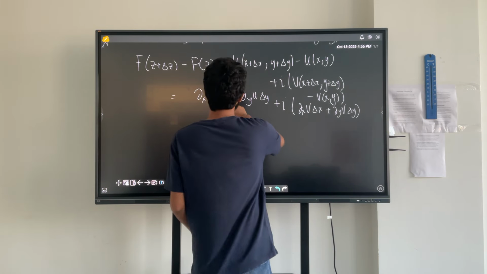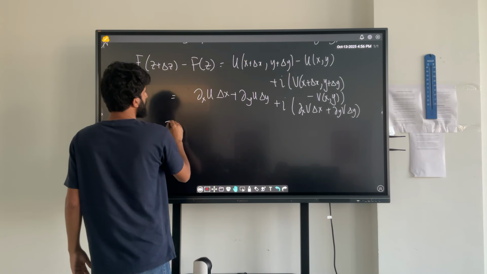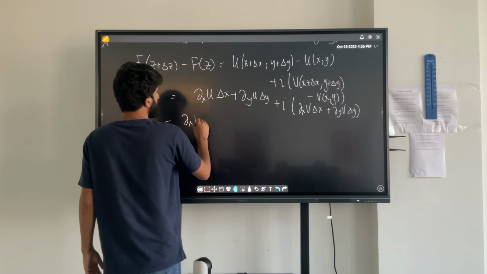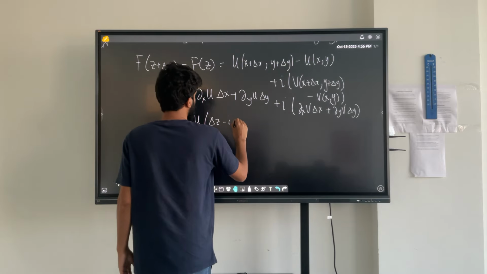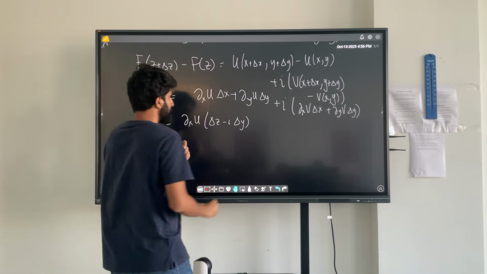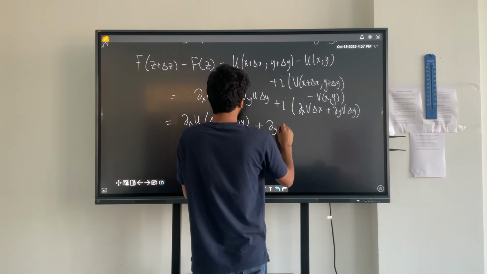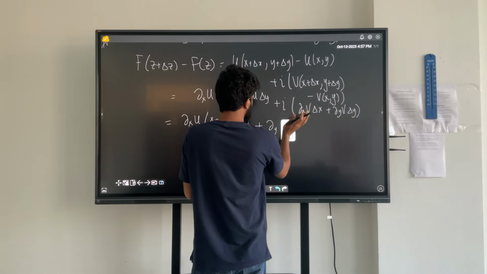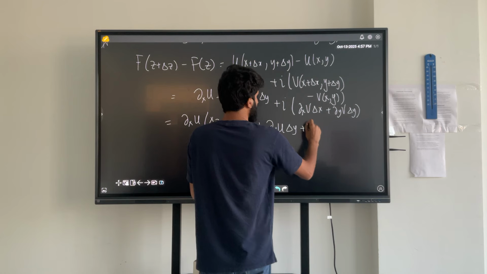Instead of delta x, can you put delta z? What do you get? Partial x of u times delta z minus i delta y, plus delta y times partial y of u, and then delta y minus delta x, plus iota.